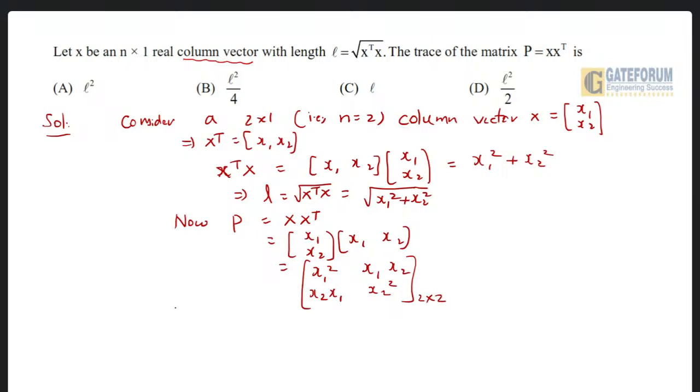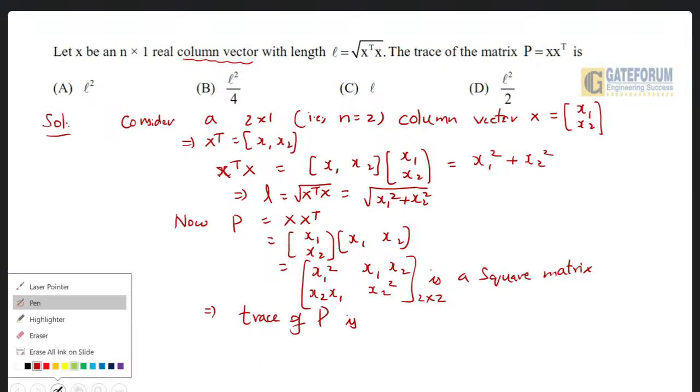Now trace of a square matrix. This is a square matrix or not? The trace of a square matrix is defined as the sum of the principal diagonal elements. So trace of matrix P: these are the two diagonal elements.